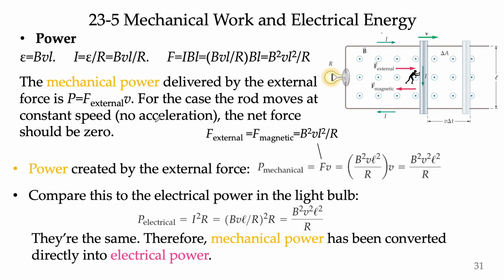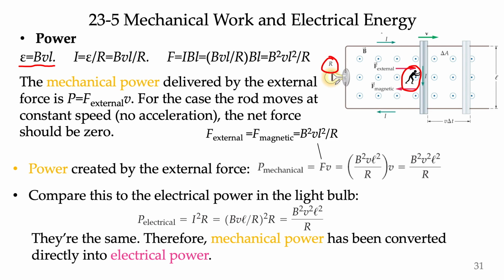Okay, let's move to power. Here we are going to calculate the power that this person provides to the loop. In the previous slide, we learned that the electromotive force induced in the loop would be B times V times L. If you want to find the current in the circuit, there is some voltage and there is some resistance in the lamp.